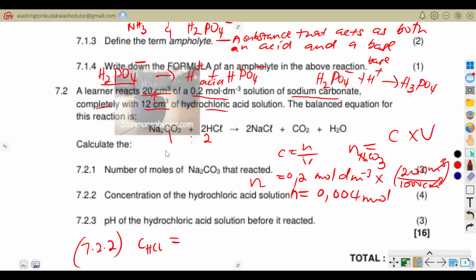I would know the number of moles of HCl. So by knowing the number of moles of HCl as well as its volume, I would get to find the concentration by just saying that the concentration is equal to the number of moles divided by volume.